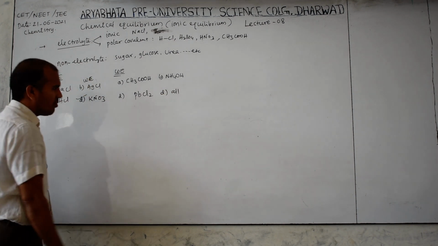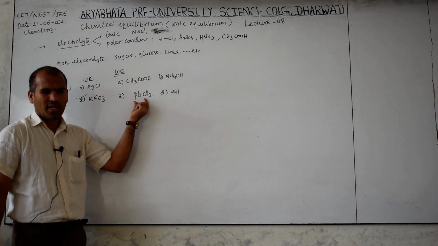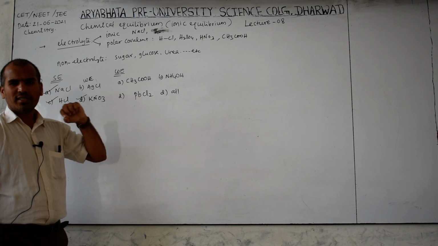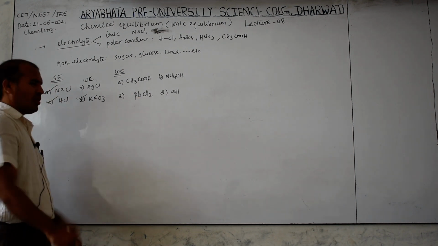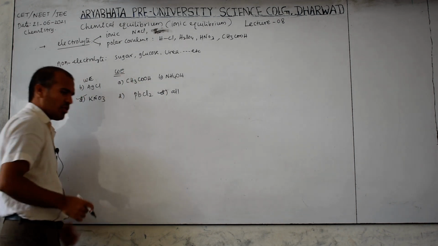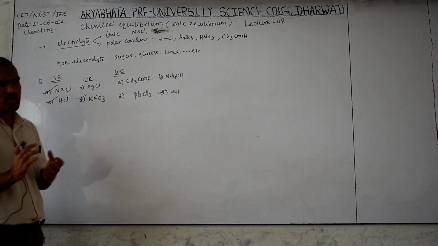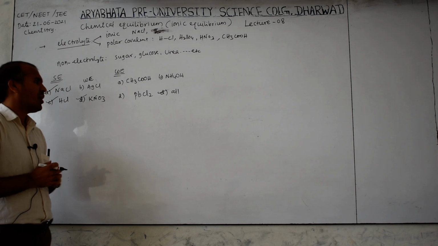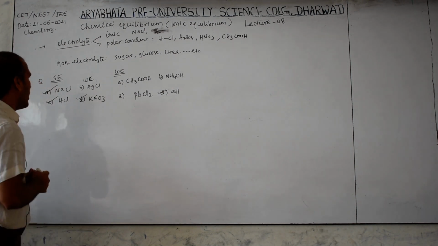So these are weak. PbCl2, lead chloride, is a salt but it is insoluble, meaning sparingly soluble, therefore all are weak electrolytes. Those which are completely ionized are strong, and those which are incompletely ionized are called weak electrolytes.